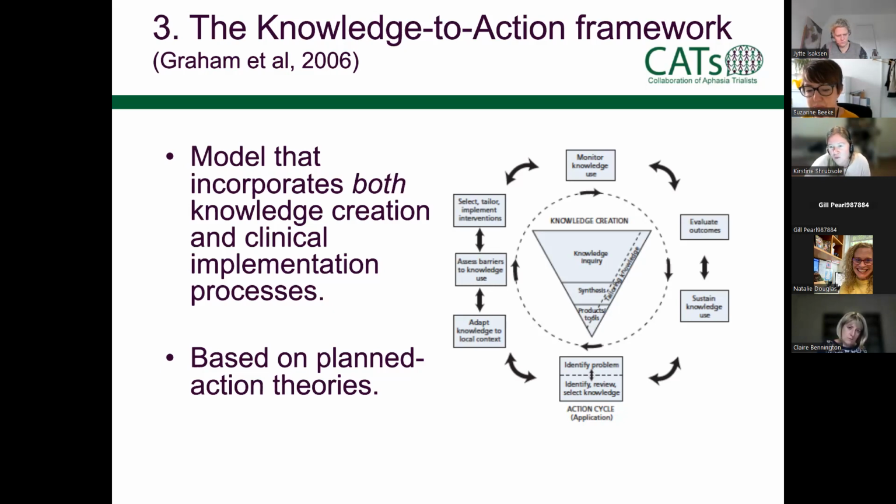Well, how would it happen? Do we need to change anything about the intervention or the recommendation? And understanding the context. So this is where we see the beginning phases, really understanding the problem, the context, what are the barriers before we go on to then selecting some implementation interventions or strategies that are tailored.